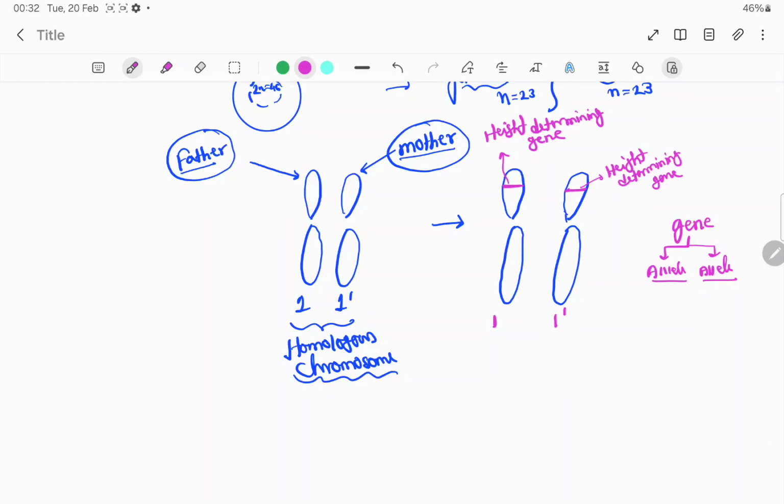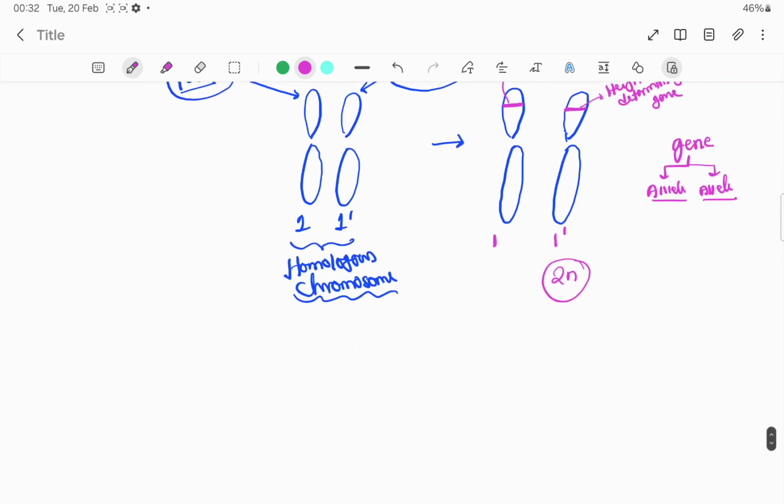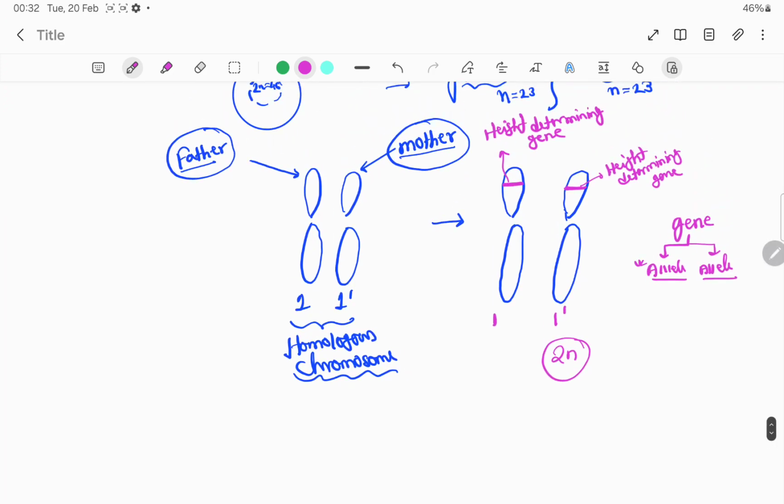Because we are diploid, 2n. Pairs of chromosomes are there. So if there is one allele of a gene, there will be another allele of the gene. Clear? Now see, this allele itself is a gene, an alternate form of a gene, but it is a gene.